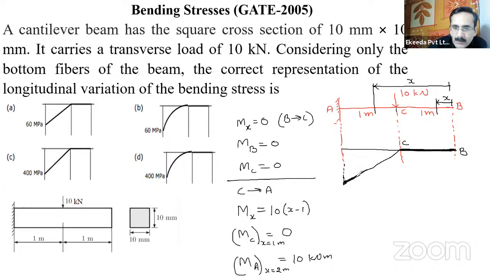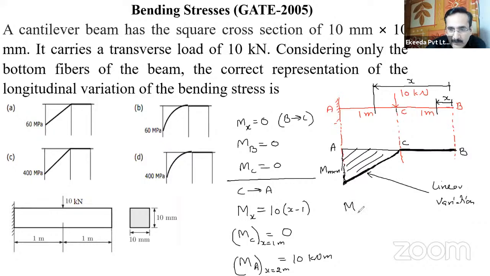A straight line, and it is increasing from C to A. This is A point, and this is the M max, right? So this is the variation of the bending moment from C to A, a straight line, linear variation. And M max will be equal to 10 kilonewton meter, right?